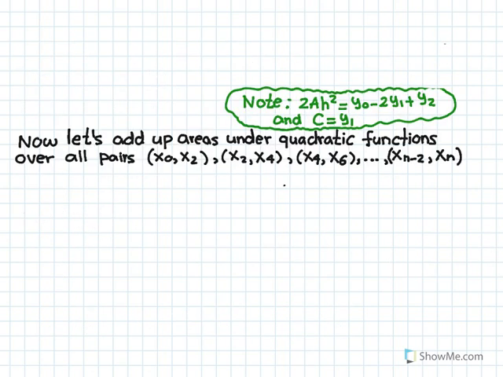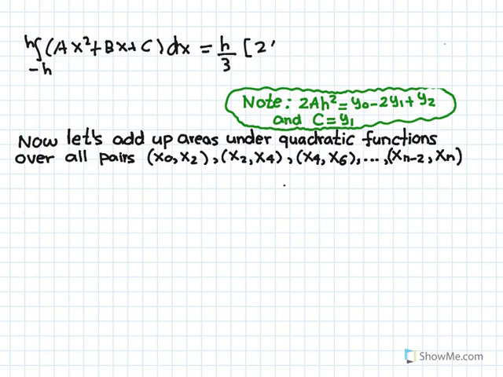All right, so what we have is the integral from minus h to h of ax squared plus bx plus c with respect to x is equal to h over 3 times 2a h squared plus 6c, and we solved for these constants in terms of the y values, so we get h over 3 times y0 minus 2y1 plus y2 plus 6y1.